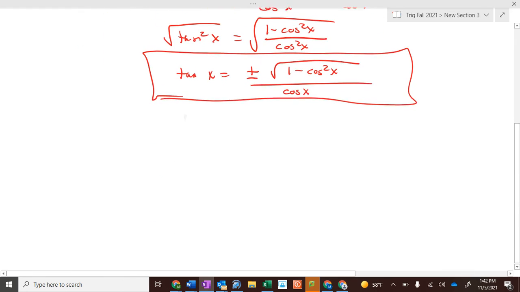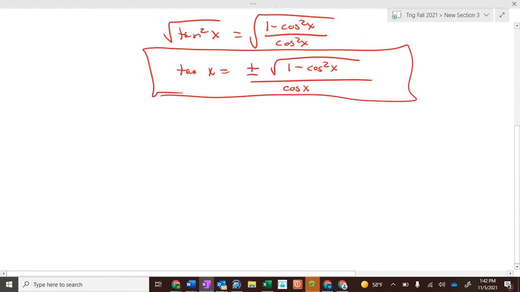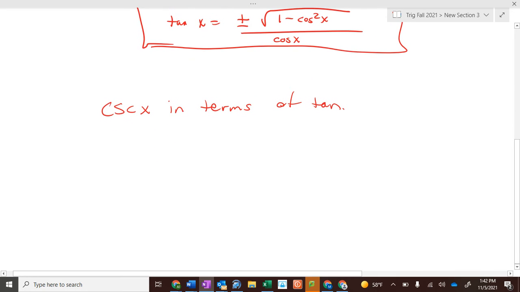Okay. Let's put cosecant in terms of tangent. Let's put cosecant in terms of tangent.